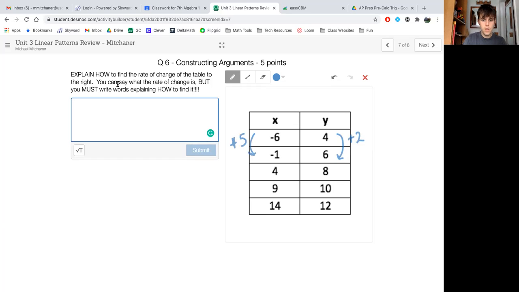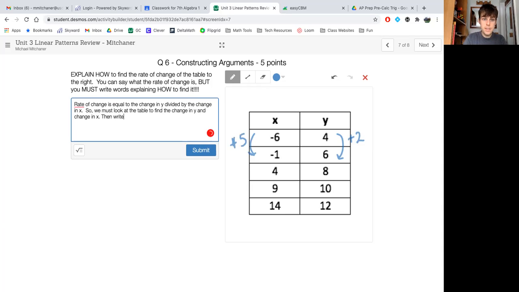So rate of change is equal to the change in y divided by the change in x. So we must look at the table to find the change in y and change in x.